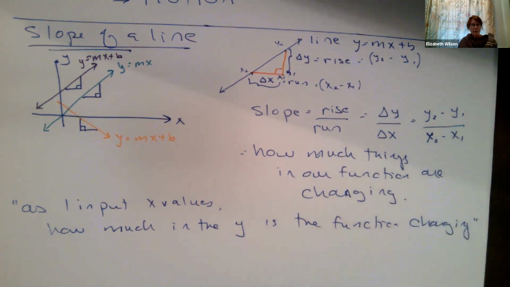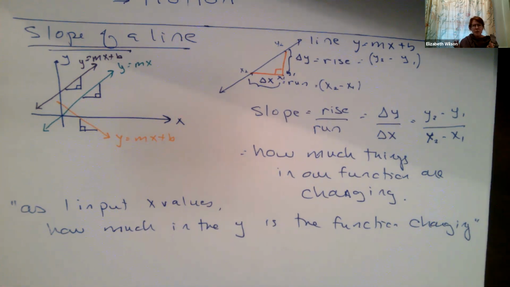For all my input, if I input a little bit and then I get a lot of output, that's a really steep slope. But if I input a little bit and I only get a little bit of output, that's a very shallow slope. If I input a little bit and I lose things, that's a negative slope, right? So these all tell us about the slope of the line.